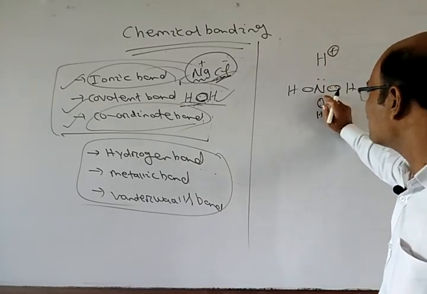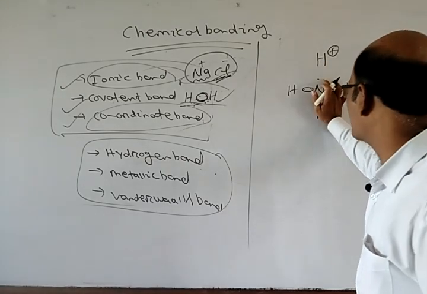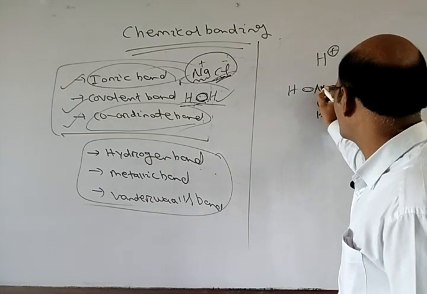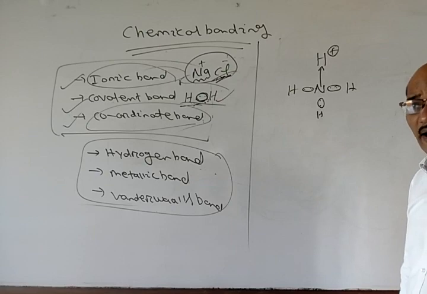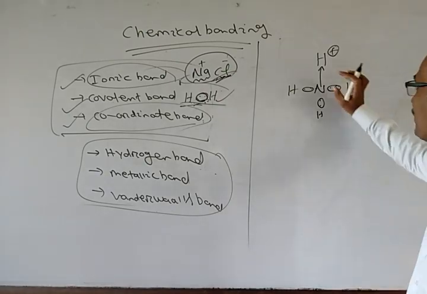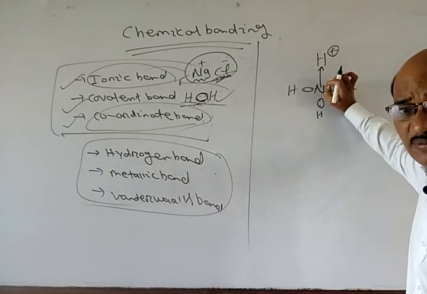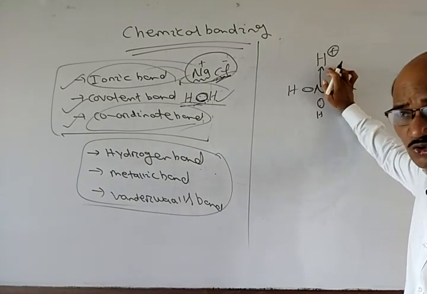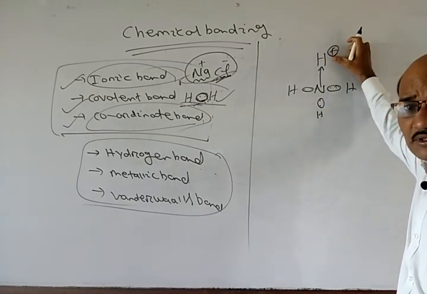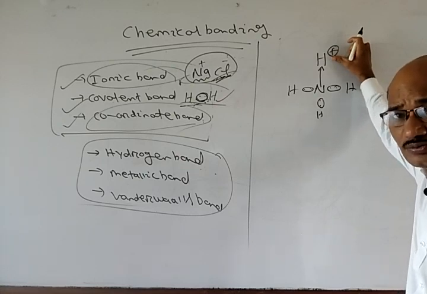Now what is this nitrogen atom doing? It is giving us an electron pair. That's it. So at a time this pair of electrons is being donated to this H plus, so that the H plus is having the stable doublet.